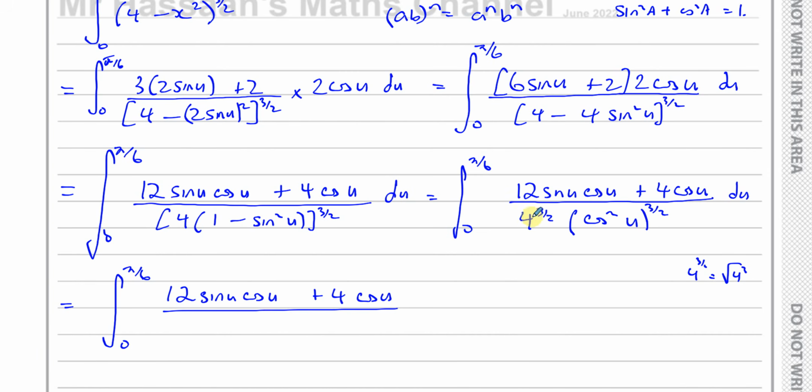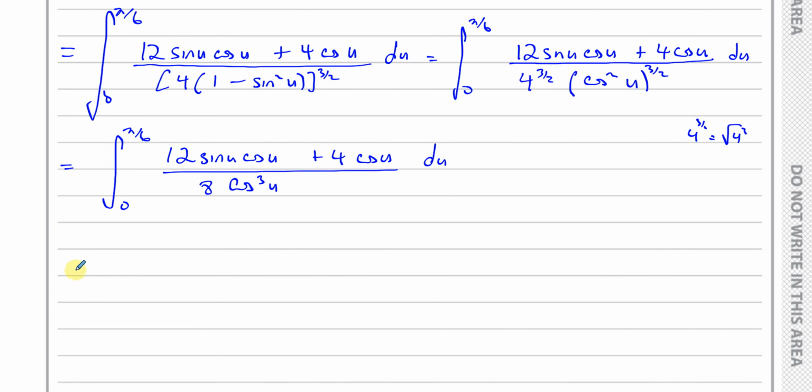So that's going to be 8 times, and similarly the square root of cosine squared u is cosine u, and then cubed, that's going to be cosine cubed u. Cosine u cubed is the same as writing cosine cubed u, and this is integrated with respect to u.